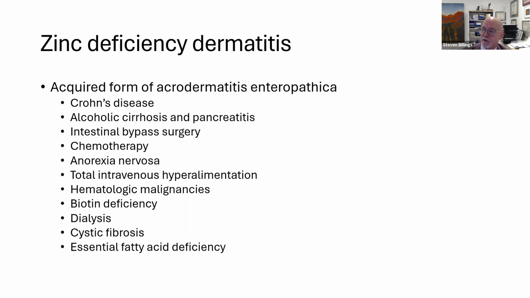You can see an acquired form secondary to zinc deficiency in diseases such as Crohn's disease, alcoholic cirrhosis or pancreatitis, chemotherapy, hematologic malignancies, total intravenous hyperalimentation if they haven't supplemented it with zinc appropriately, dialysis, etc.